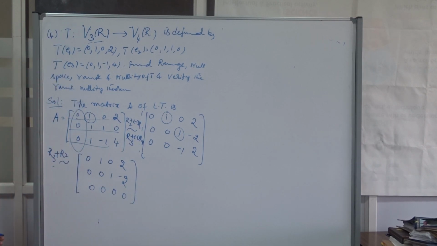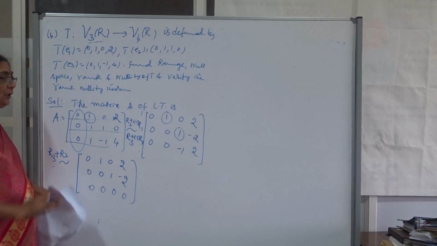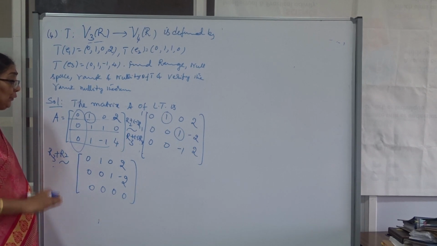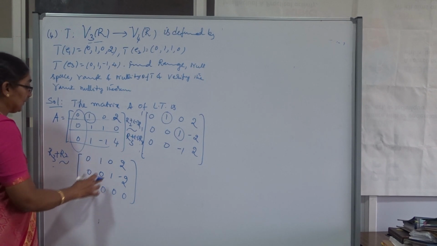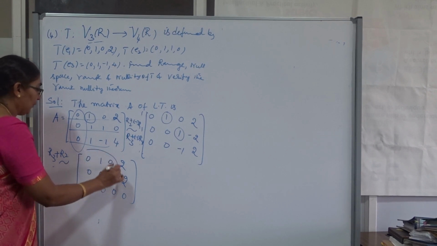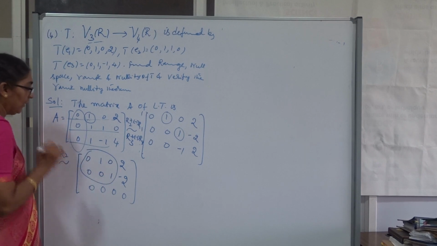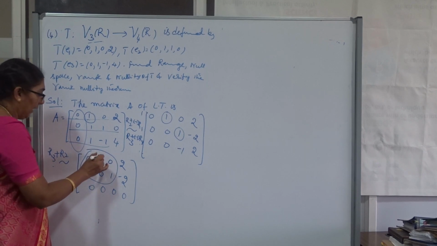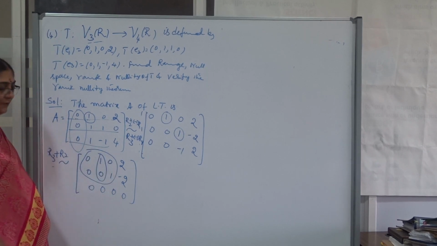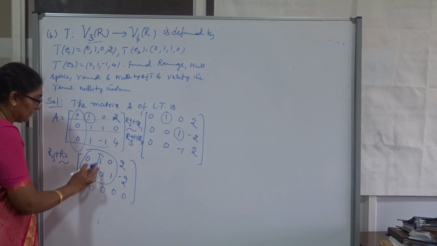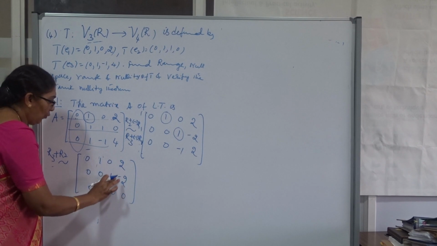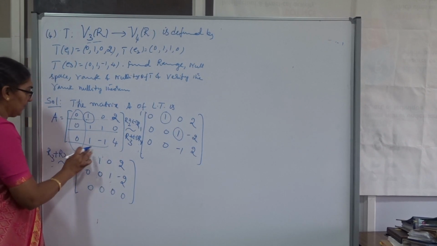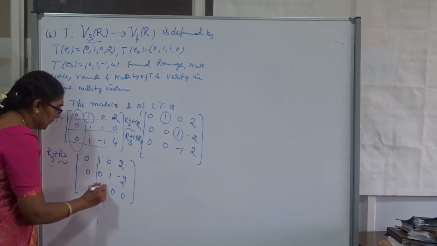Now don't stop. This is echelon form. I told you a number of times, you convert into row reduced echelon form. Observe, this is row reduced echelon form. Why is it a row reduced echelon form? Observe, this is my pivotal column. Remove all the circles here, otherwise you are going to be confused.